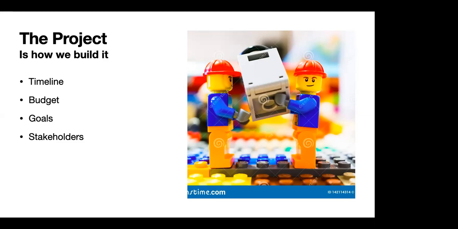So there are various kinds of projects, right? There are types of projects, project structures or patterns, or templates, I guess, or methods that you can use to manage or handle the timeline, budgets, goals, and other things that constitute a project.